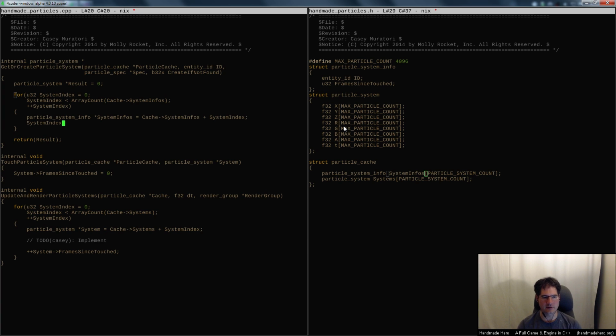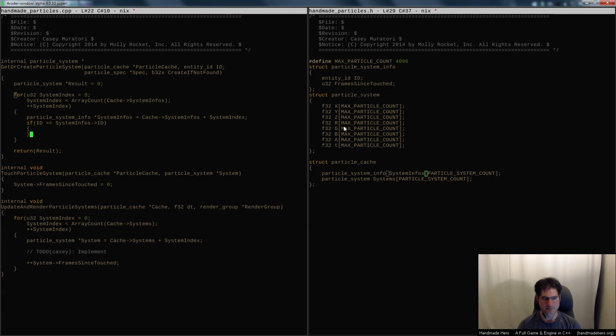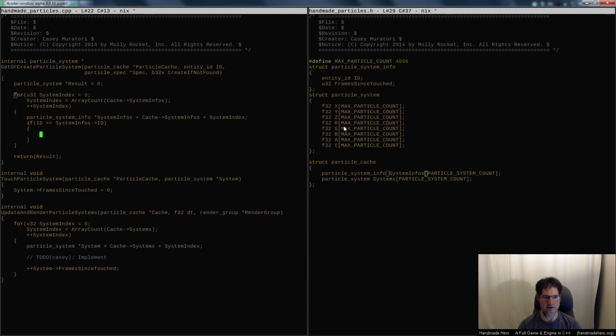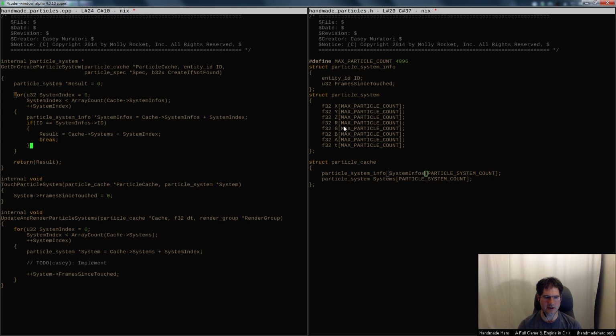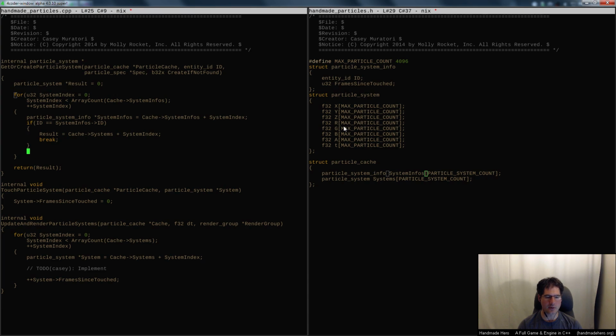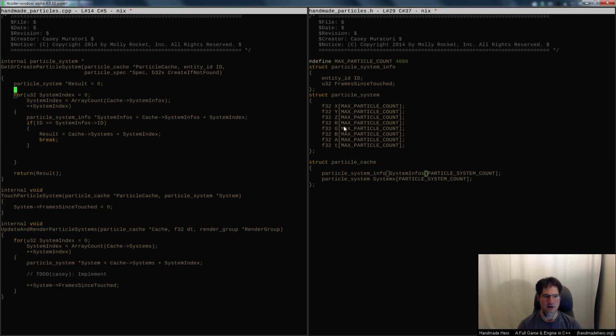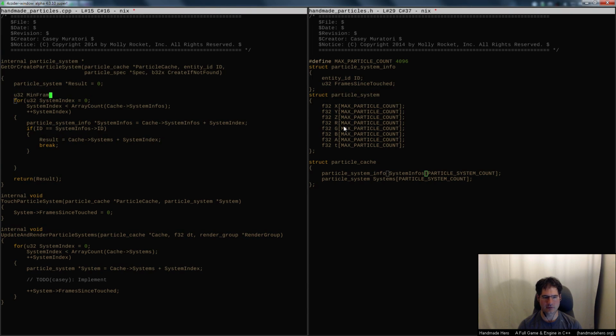So we would say, okay, the system info's ID, if the ID equals that one, then great, we're done. Our result is just whatever the system is that corresponds to that one. There's our result, and we can stop looking now. But otherwise, we need to find the oldest one. So we would do, like, min frames since touched, and that would be U32 maximum.